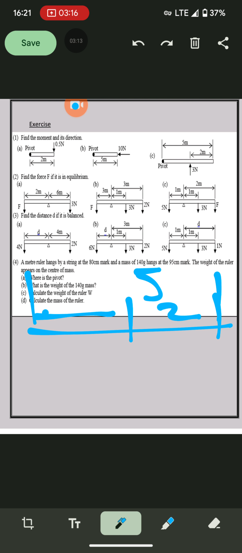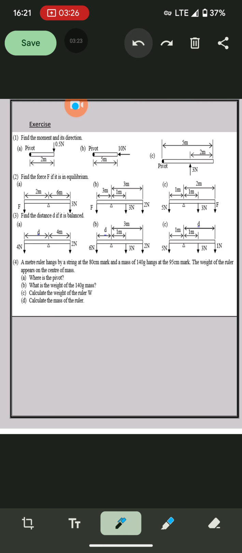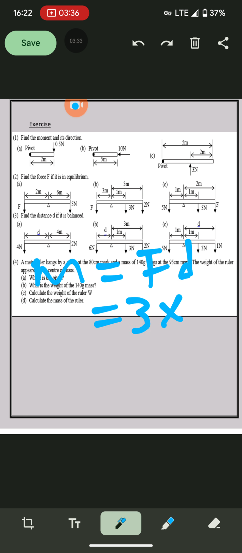It means this is 3, so 3 plus 2 is 5, right? So the distance that we want is the distance from where the force is to the pivot. Therefore, moment is equal to force times distance. Force is 3 newtons. Distance is also 3 meters. So it's going to be 9 newton meter.